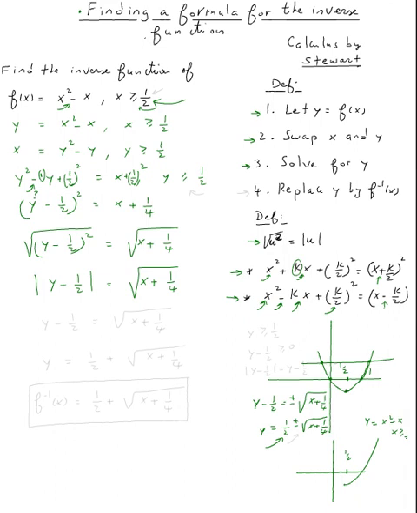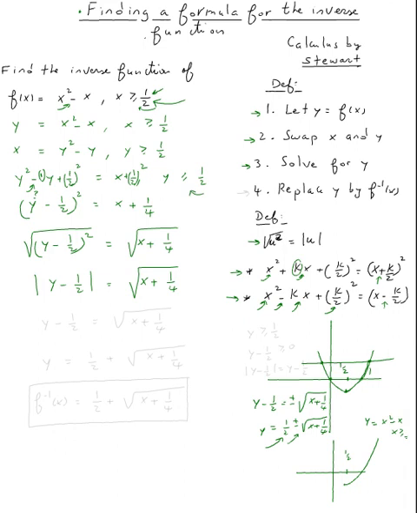But this is not a function. Remember, for a function, each x has only one y. This is definitely not a function. There are two values for y. Plug in x equals 0 and you'll see you get two y's. So that's why they give us the fact that x is bigger or equal than 1/2, which means y is bigger or equal than 1/2.